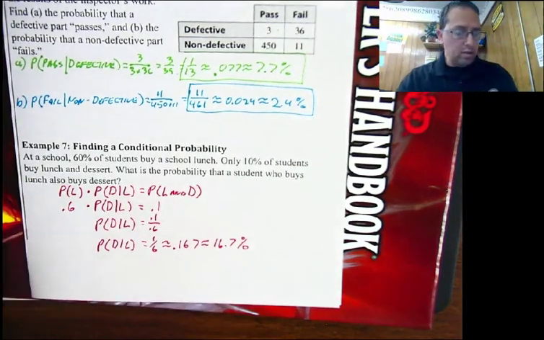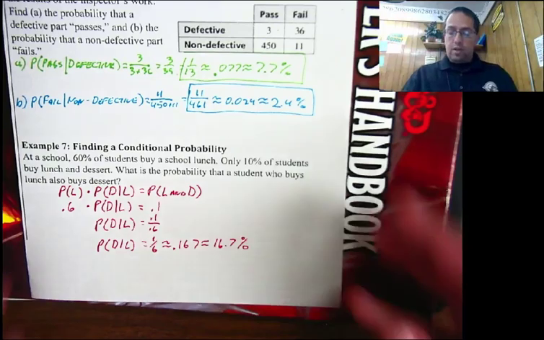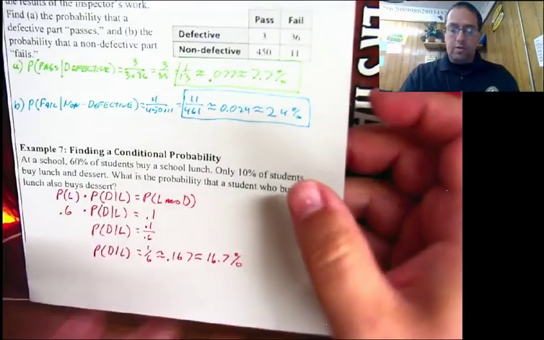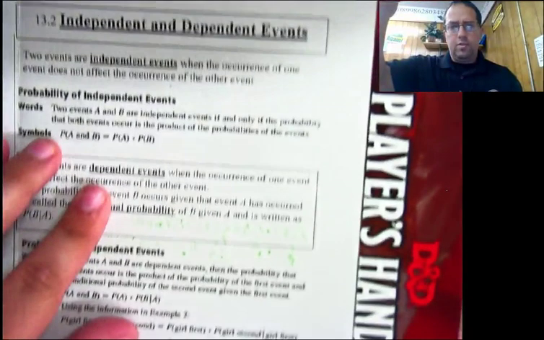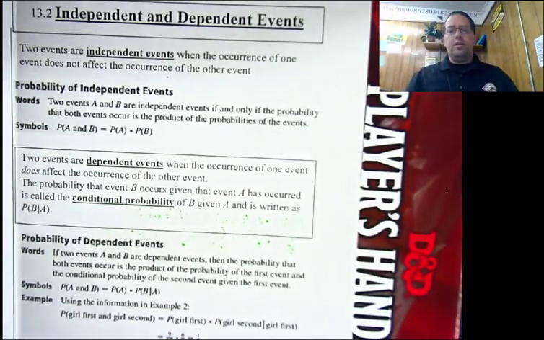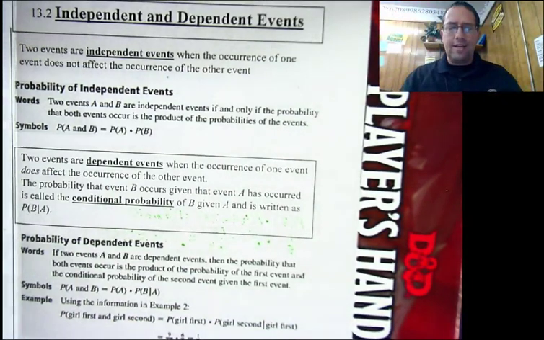All right, so that is a little bit more into probability. Remember, independent events. These are things that happen regardless. Doesn't matter what you flip on the coin the first time, you still have a 1 out of 2 heads or tails on the second one. Doesn't matter. Those are independent.